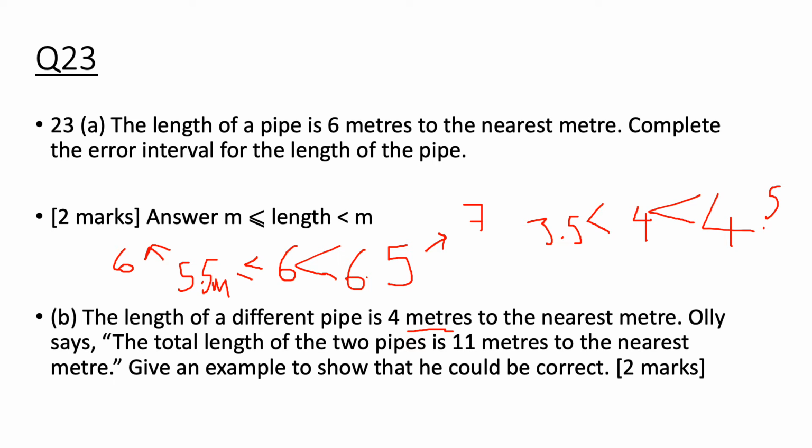Taking 6.5, add 4.5, on our calculators we get 11 meters. So that shows that Ollie is correct. It is the upper bound for this and the upper bound for that. So that is my answer for part B. It can be that or that, to the nearest meter, which obviously means that it has been rounded, guys.